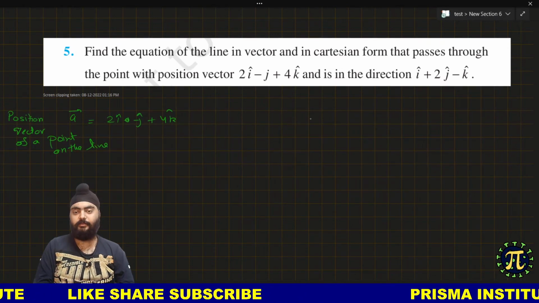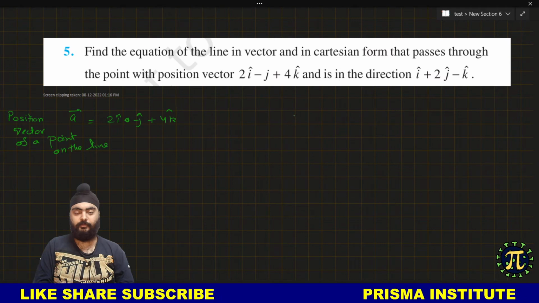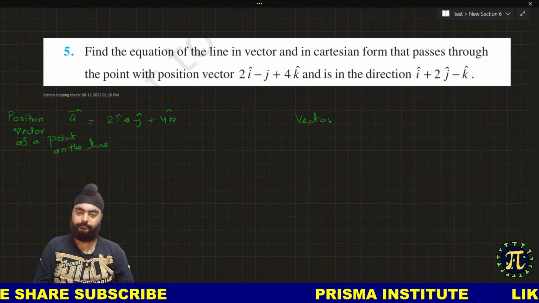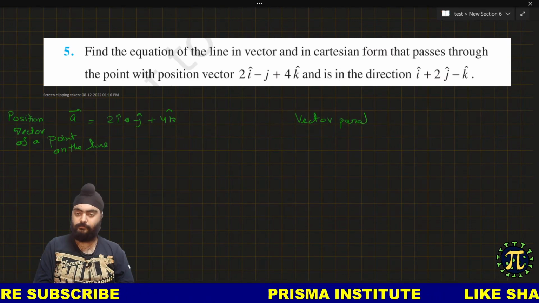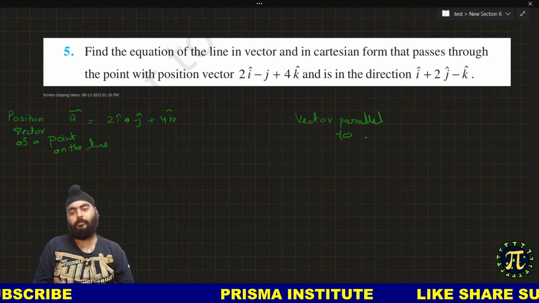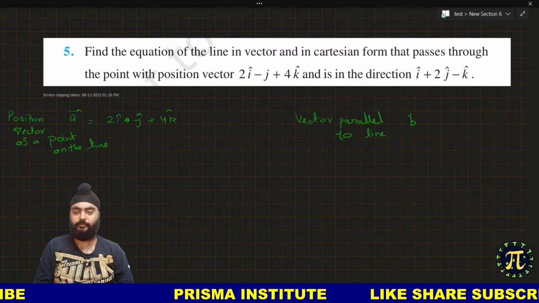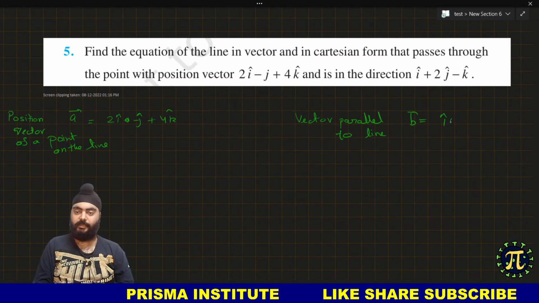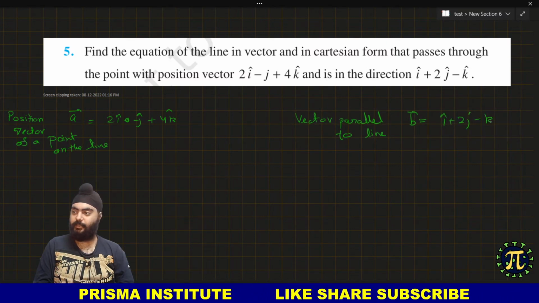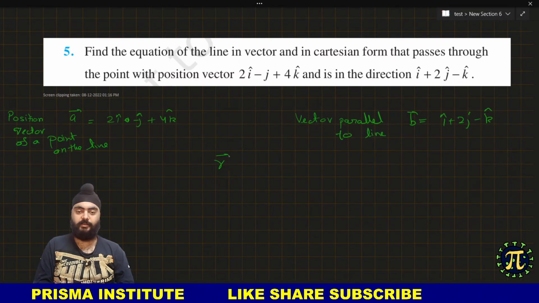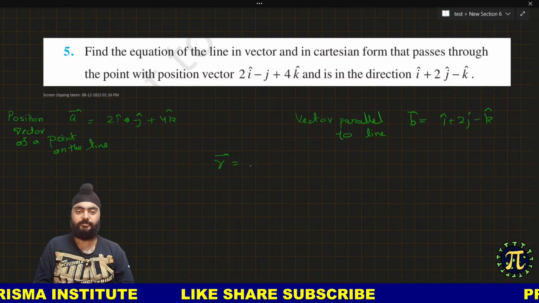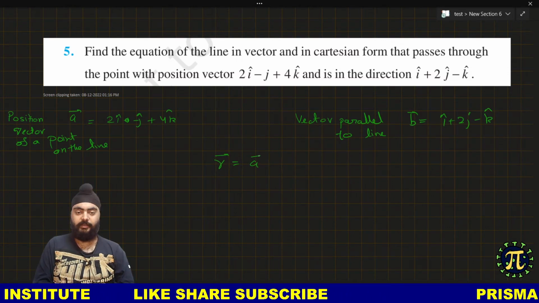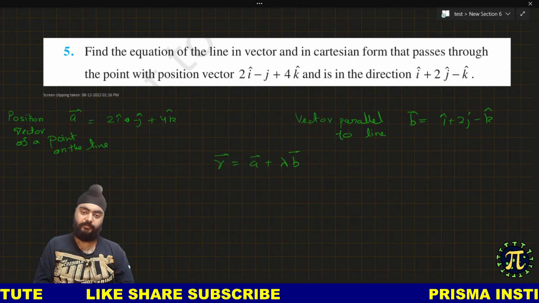और क्या given है? Vector parallel to line, which is defined as B vector, which is i cap plus 2j cap minus k cap. And by definition, line must be A vector plus lambda times B vector.